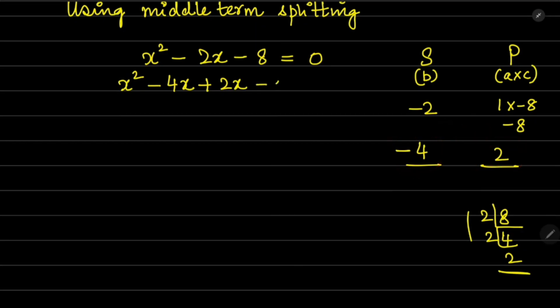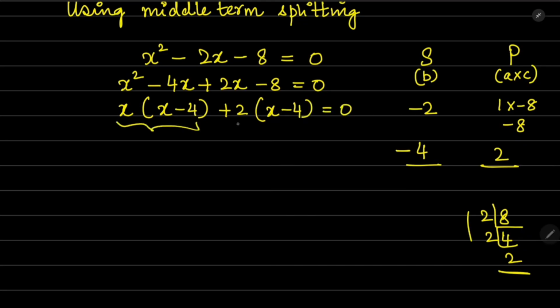Then minus 8 equal to 0. Take x common out from the first two terms: x times x minus 4, plus 2 common out, again x minus 4 equal to 0. Between these two terms, you have x minus 4, take it out common. The remaining is x plus 2 equal to 0.